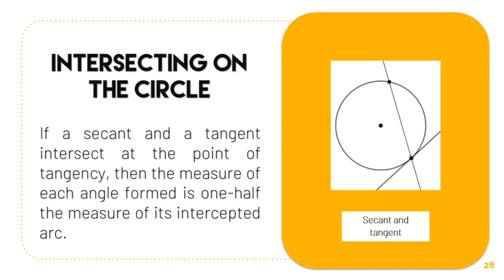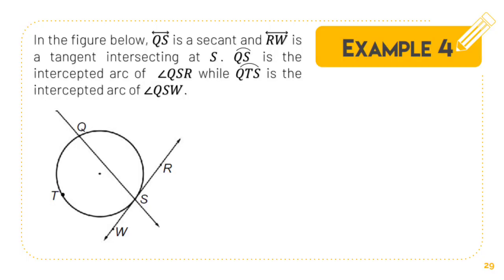If a secant and a tangent intersect at the point of tangency, then the measure of each angle formed is 1/2 the measure of its intercepted arc. To further discuss the given theorem regarding the angles formed by a secant and a tangent, let us have the figure, wherein line QS is a secant line and line RW is a tangent line, which intersect at point S, which is on the circle.